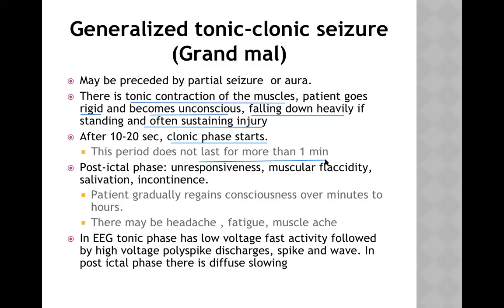According to that theoretical definition, status epilepticus should occur for more than 30 minutes, either continuous seizure, or if there are episodic seizures but there is no regain in consciousness level in between those episodes, then also we call it status epilepticus. That is a theoretical one. But practically, if a person is having continuous seizure for more than 5 minutes, we consider this as status epilepticus and treat accordingly.